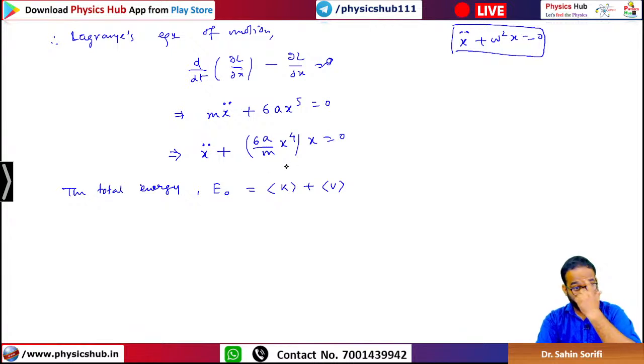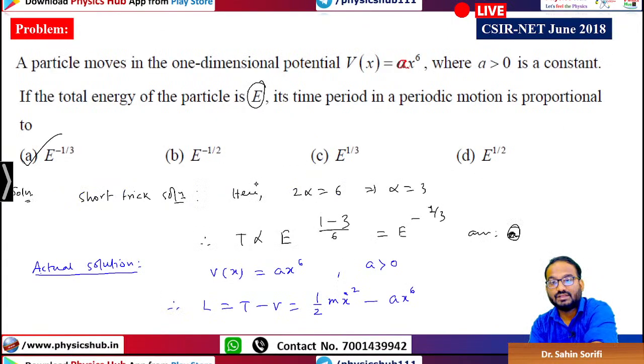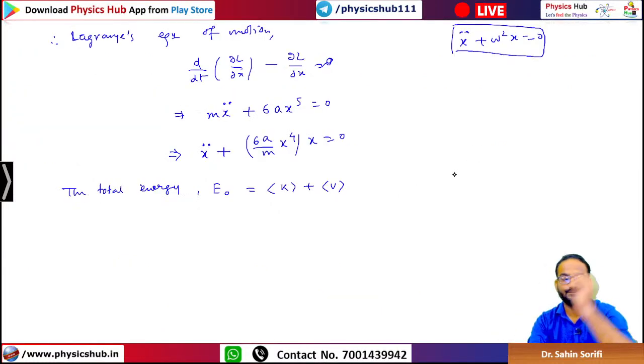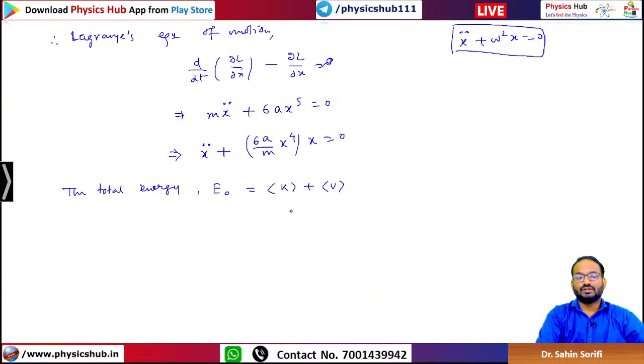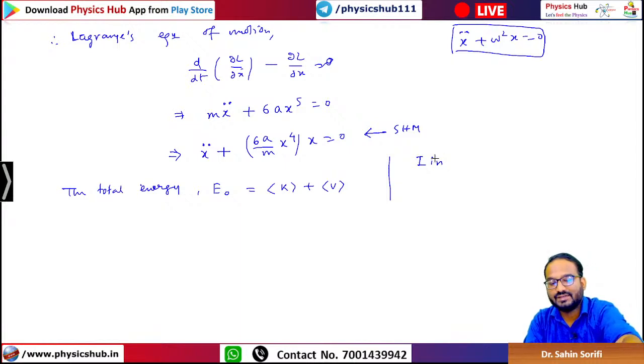As you can see, you can say that it is moving in simple harmonic motion, periodic motion. It is exhibiting periodic motion. So remember this, we have identified it as simple harmonic motion, and in simple harmonic motion the average kinetic energy and potential energy are same.